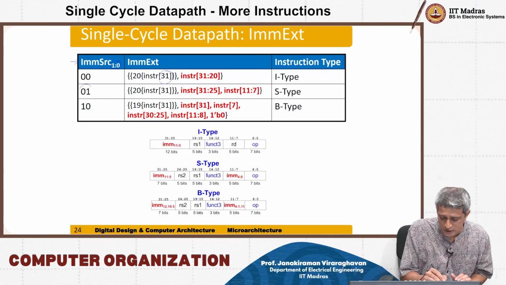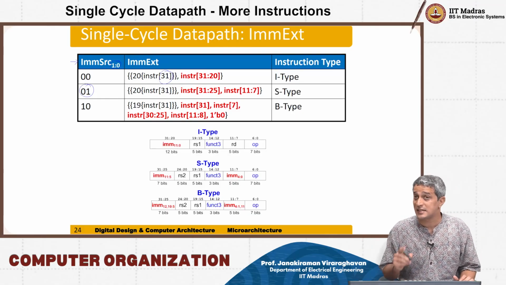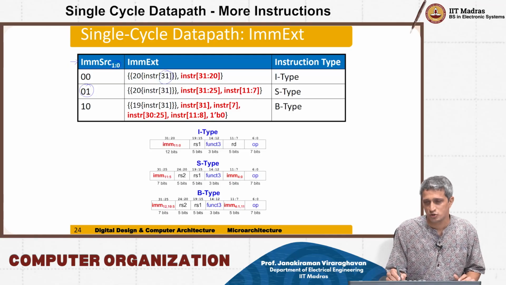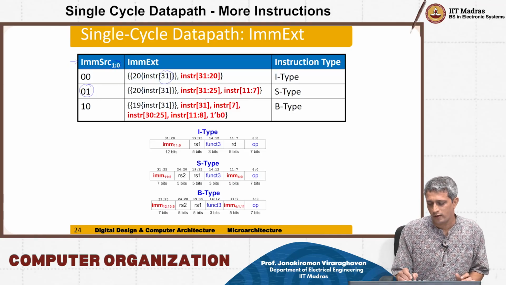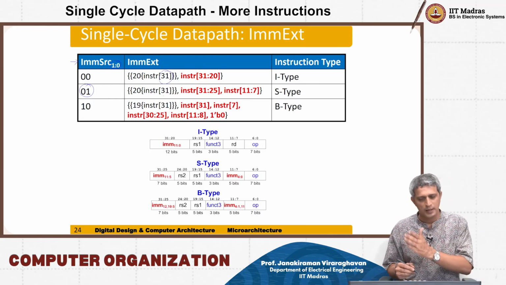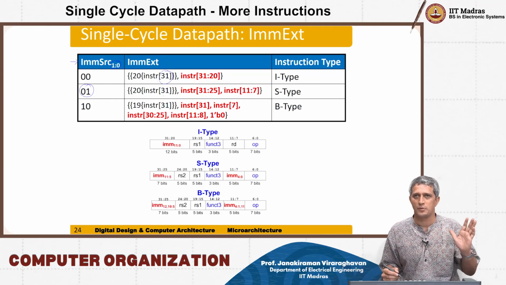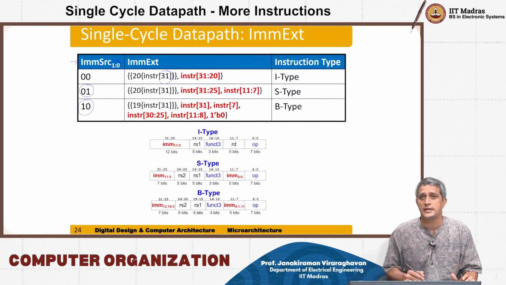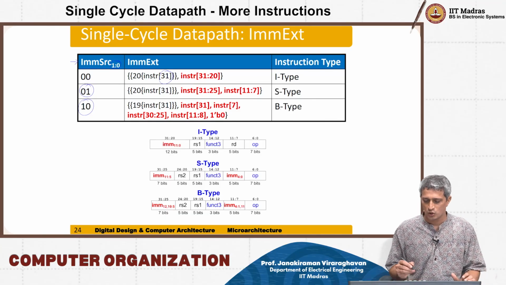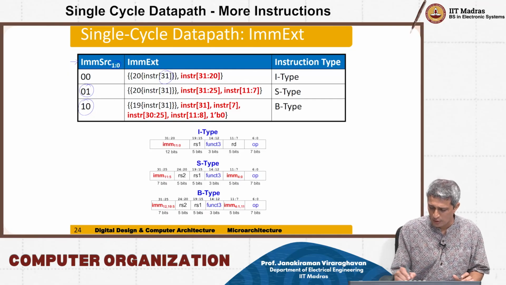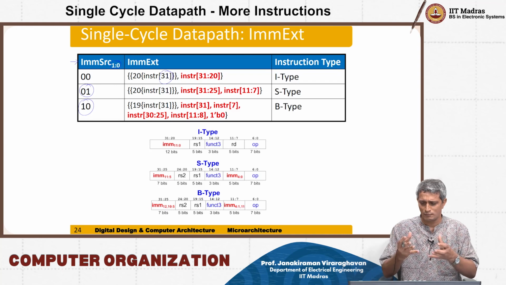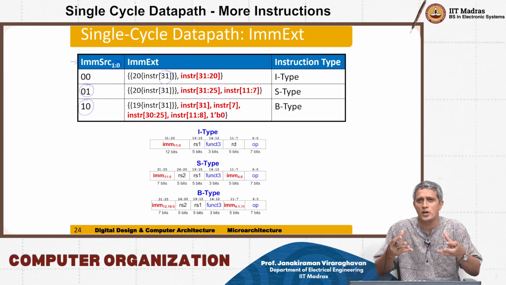On the other hand, if it is 0, 1, which basically is the S type, then you are going to take instruction bits 11 to 7 and 31 to 25, and then bit 31 will be extended for 20 bits. 10 is when it is a B type instruction. That is going to be again some very complicated decoding of this immediate data from the instruction.